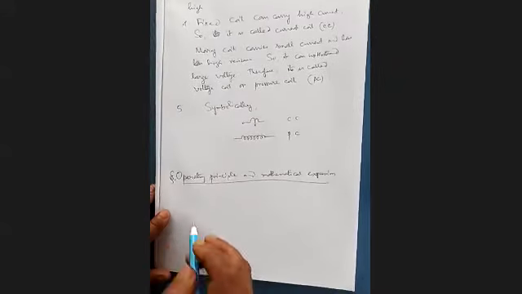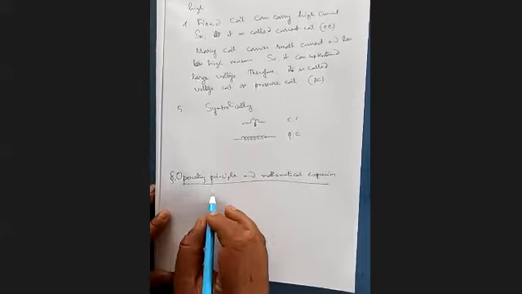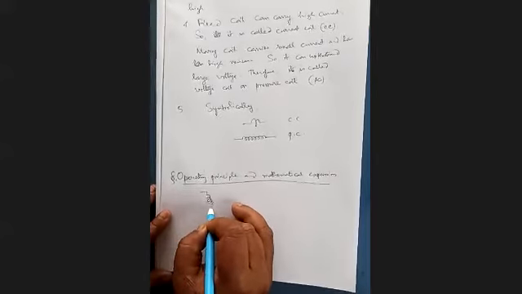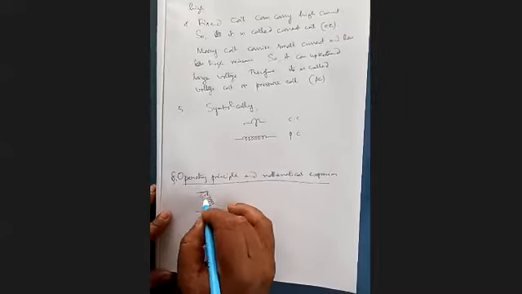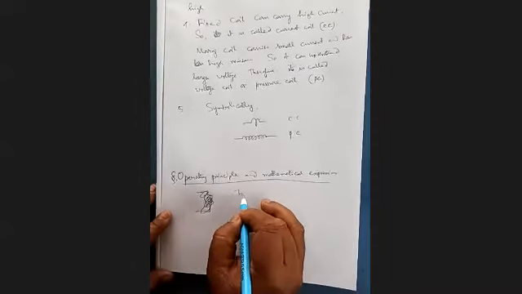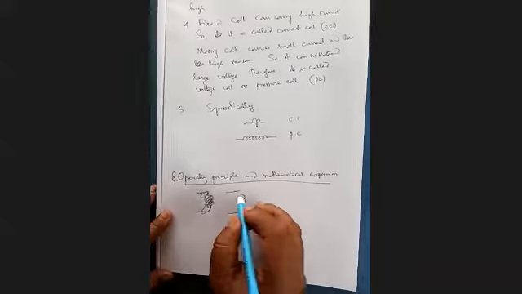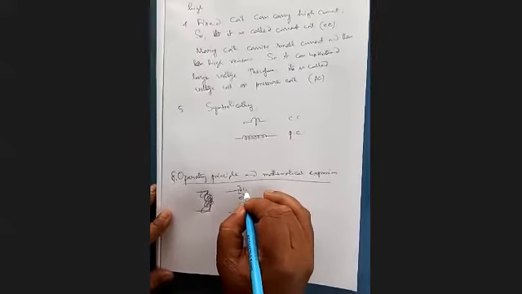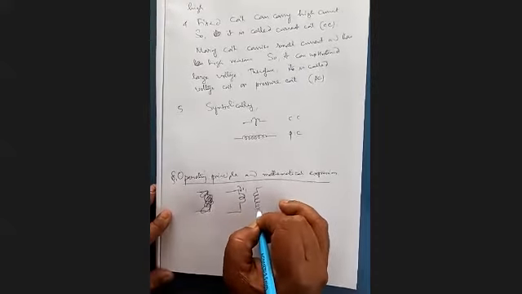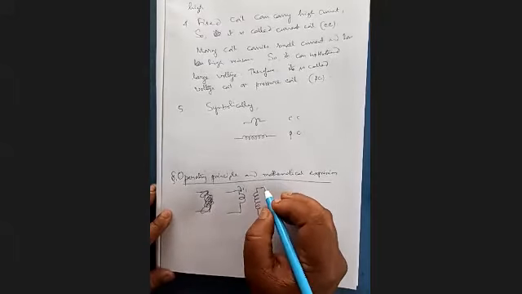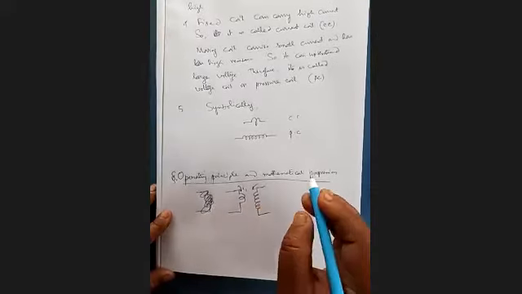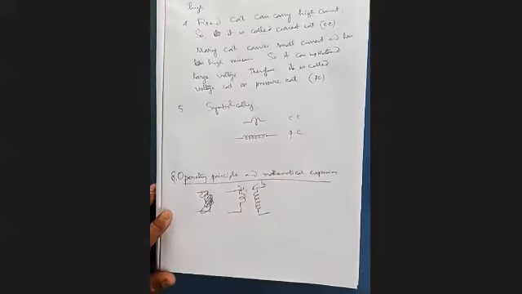It is an instrument of two coils. One is the fixed coil, carrying a current I1, and another coil is the pressure coil or moving coil, carrying some current I2.